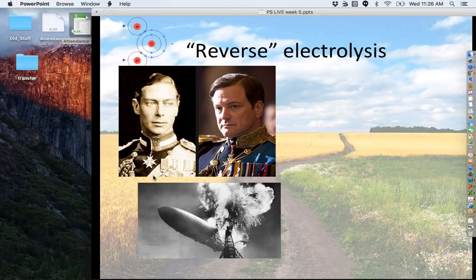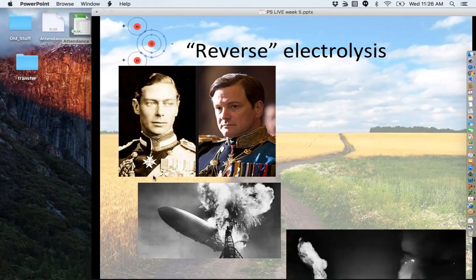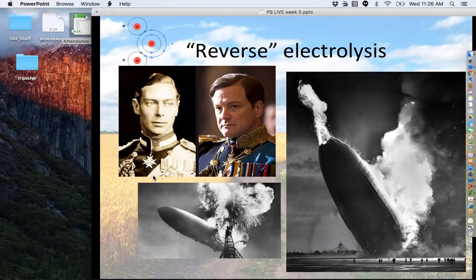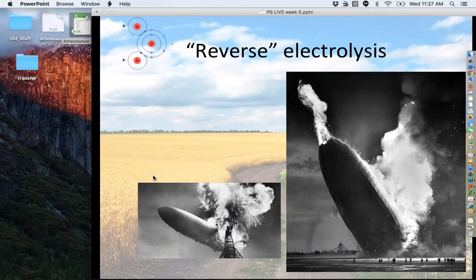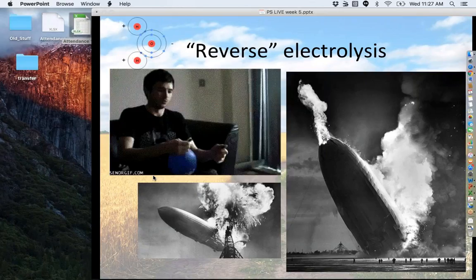But unfortunately, when their boat tried to dock as it was coming from the UK, you might remember the Hindenburg blimp exploded and some people died. So they weren't able to see old George get coronated, sadly. And we sort of stopped putting hydrogen in blimps because that was reverse electrolysis.